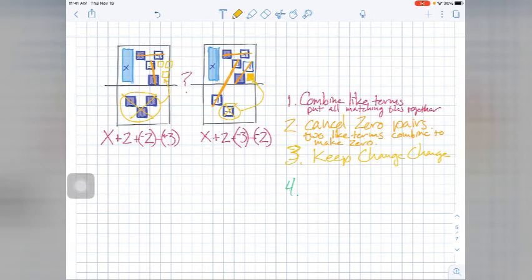What it does is it converts addition to subtracting the opposite.